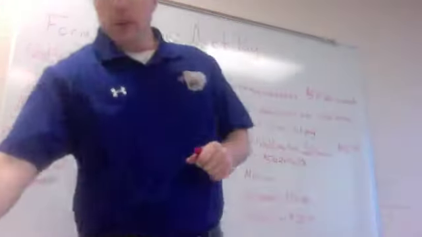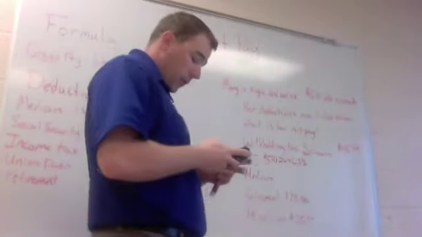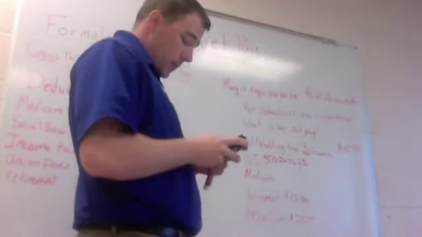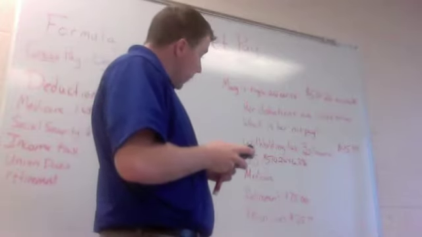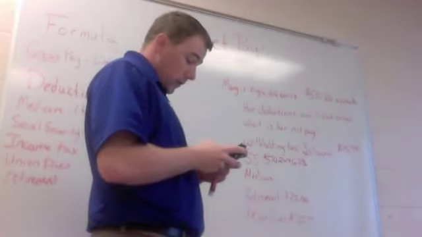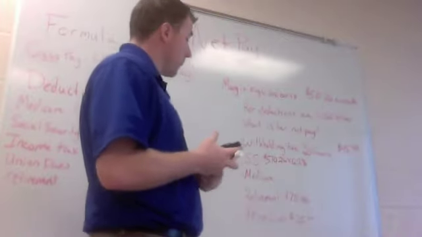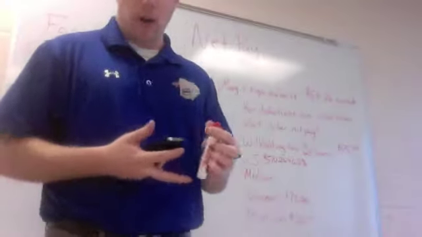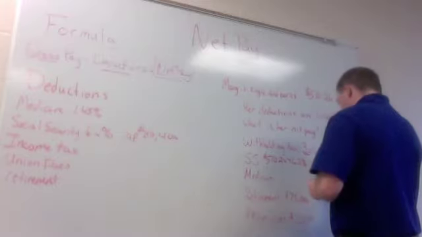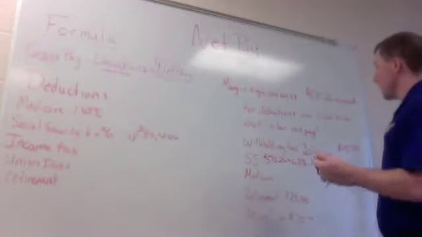So we're going to get our calculator out and punch in 510.26 times 0.062. That's going to give me $31.64, because we have to round to the nearest hundredth since we're dealing with money. So she's going to get $31.64 taken out.